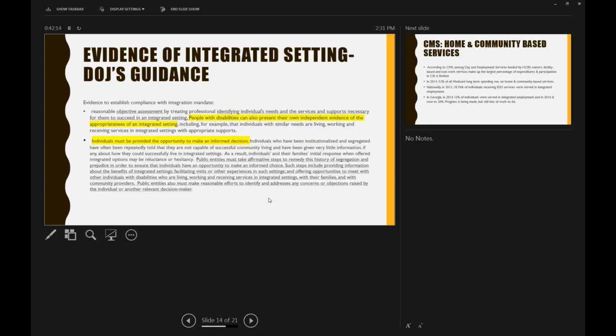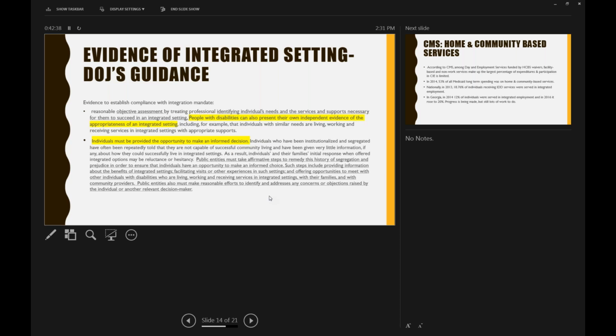So here you go, evidence of an integrated setting. Here's the DOJ's guidance on evidence to establish compliance. A person can have a treating professional identify the individual's needs and the services and supports necessary for them to succeed in an integrated setting. So this is evidence that the program is addressing this.